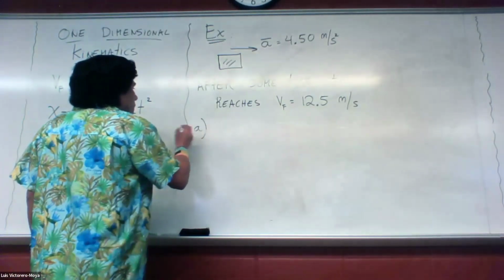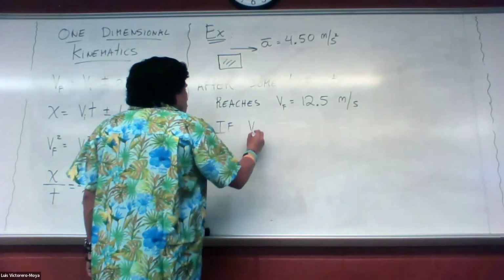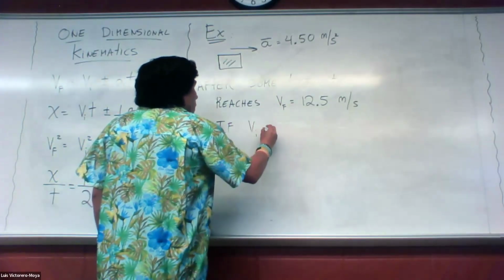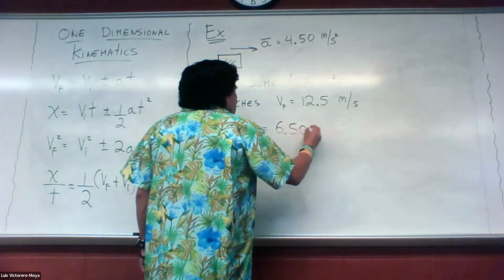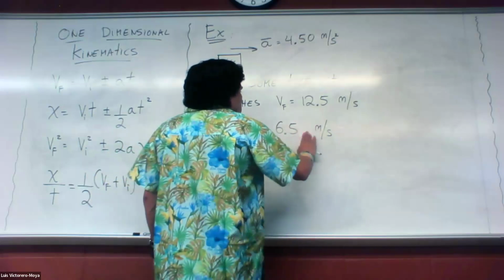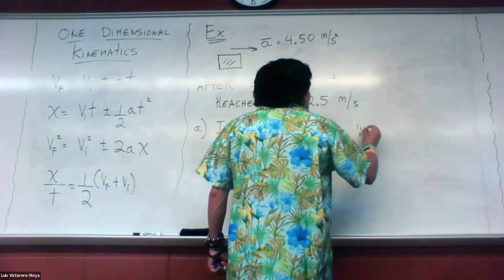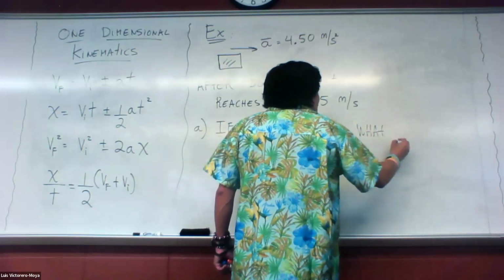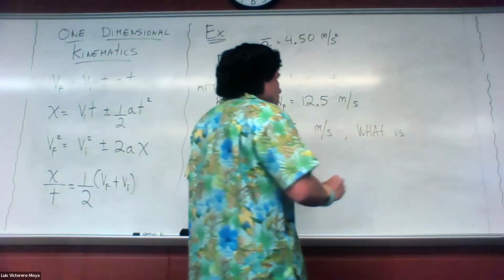But if the initial velocity was 6.5 meters per second, what is the displacement?